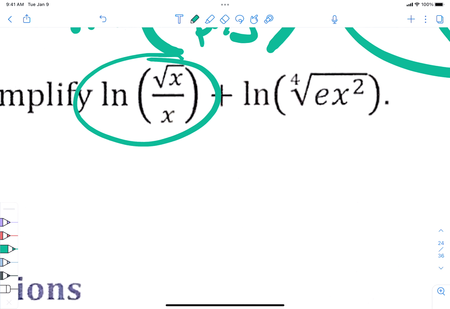So I have ln of the square root of x minus ln of x. Okay? Everybody watch. Do you see what we just did there? Well, that's to the half power. I took that first piece and I'm breaking it down. I'm just putting them all in one line, because we're going to see what cancels out. I think some things are going to cancel out.